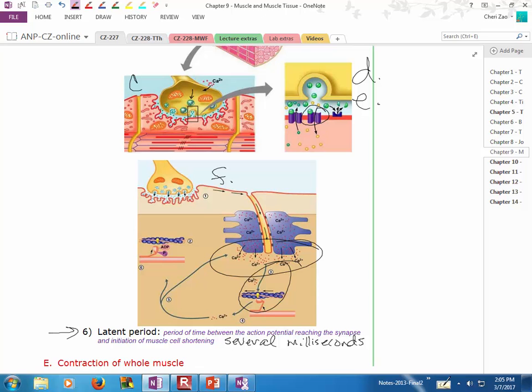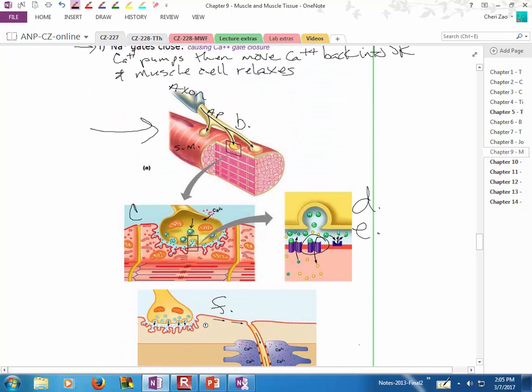So in other words, right up here, here's our action potential reaching the synapse. We have synaptic vesicles fusing with the axonal membrane causing exocytosis of neurotransmitter into the synaptic cleft. Now the neurotransmitter diffuses across the synaptic cleft.